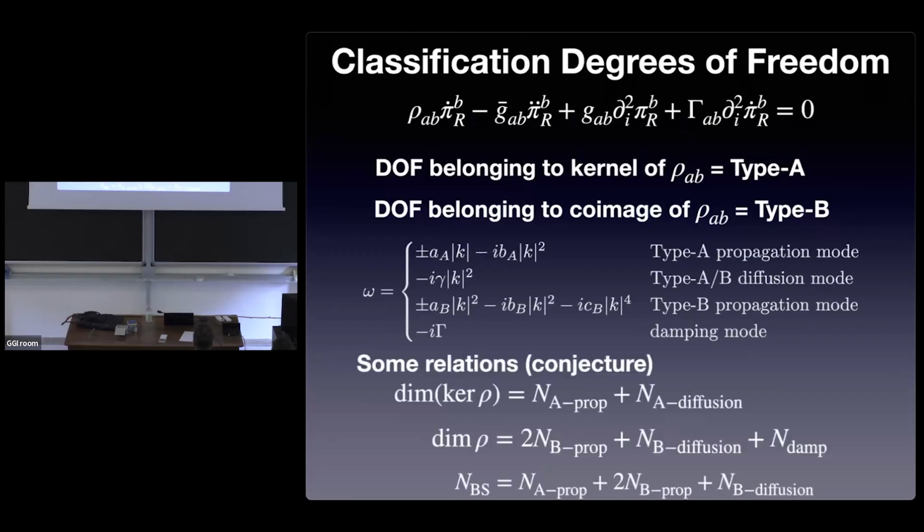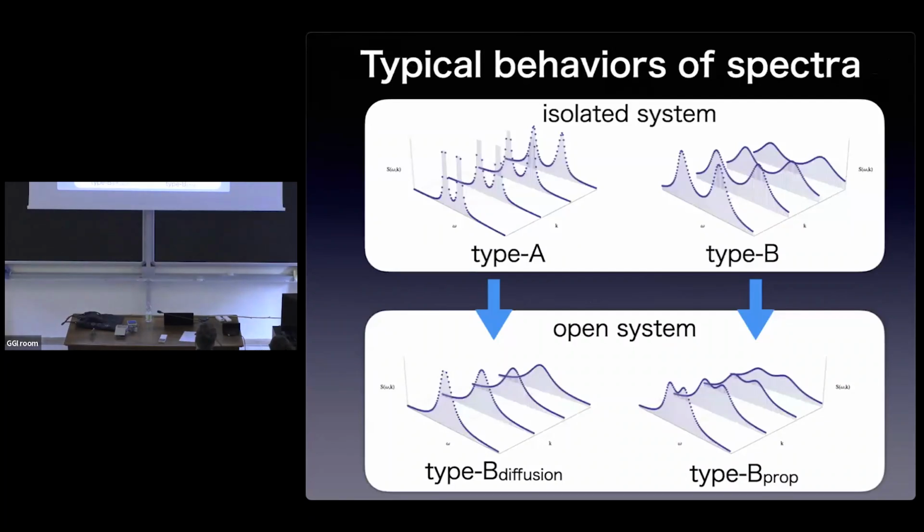Then, this is somewhat technical, but we conjecture some possible combination of the energy mode or hydrodynamic mode appears in this equation. So this is not our result. So let me summarize.